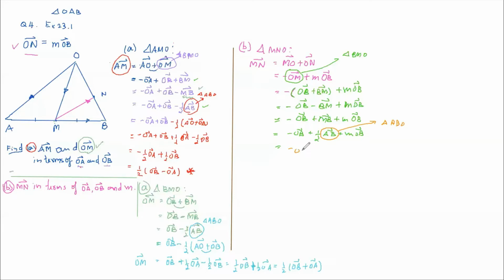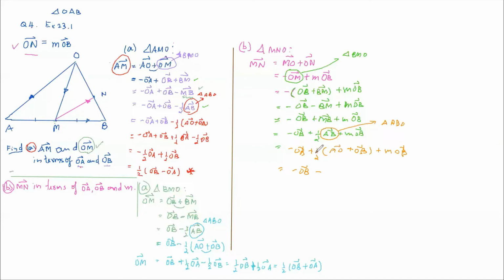So this becomes minus OB plus 1/2, open the bracket, AB, which is AO plus OB, plus m OB. Now it becomes minus OB plus, we have vector OA but this is AO again, so swap direction and it becomes minus.